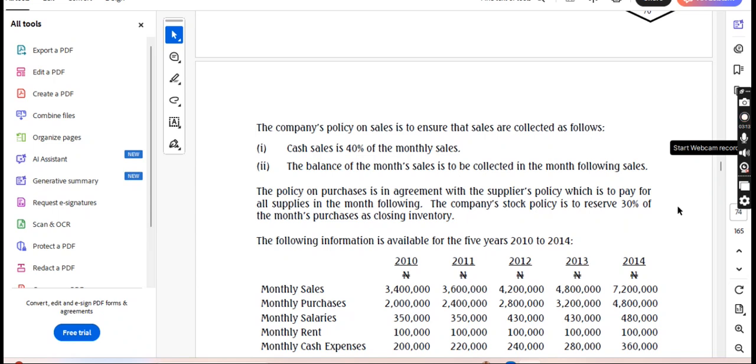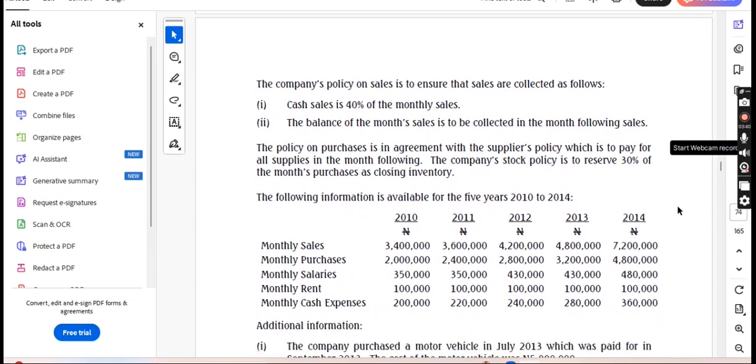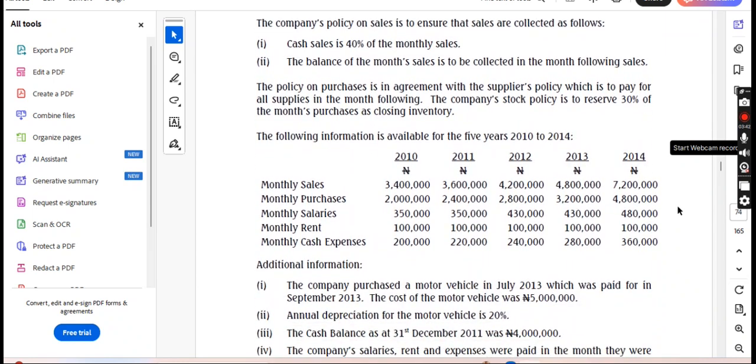The company stock policy is to reserve 30% of the month purchases as closing inventory. So the closing inventory will be calculated as 30% of the month purchase.